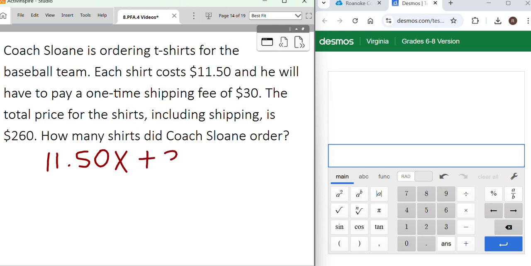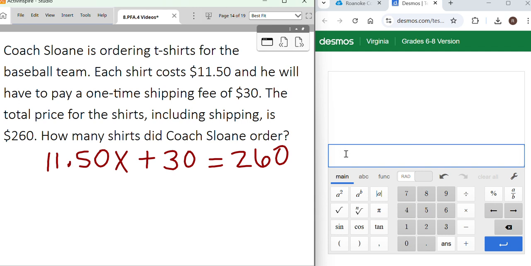Only once, so we just have to add it. The total price of the shirts, including shipping, is $260. And we want to know how many shirts he ordered. So again, you would just solve this equation to figure out how many shirts he ordered.